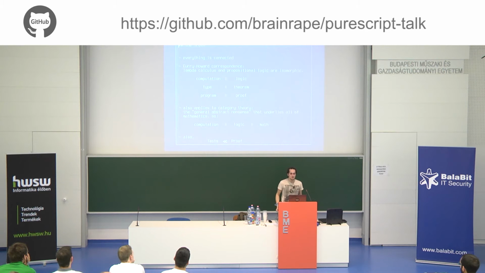And that means we can use the advances that we made over thousands of years in logic to help us with our programming, to help us avoid bugs. All right, so this is the truth I'm going to use in the search for the right language. And I'm going to present to you the features that are sort of present in the ideal language, and I'm going to show you how PureScript implements these features.